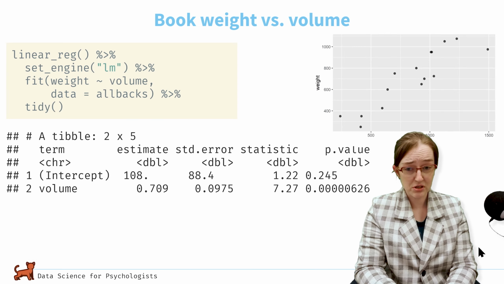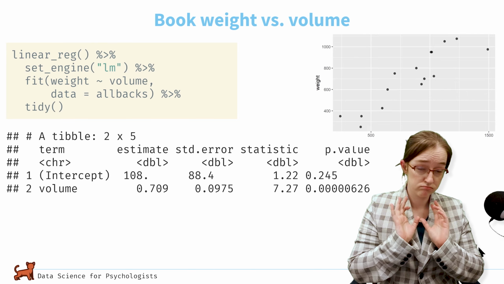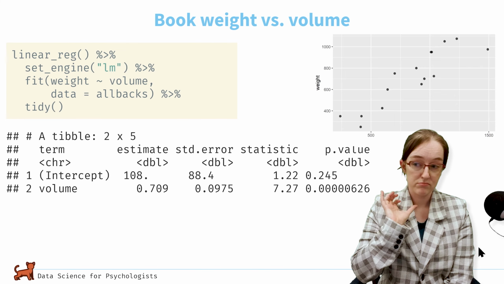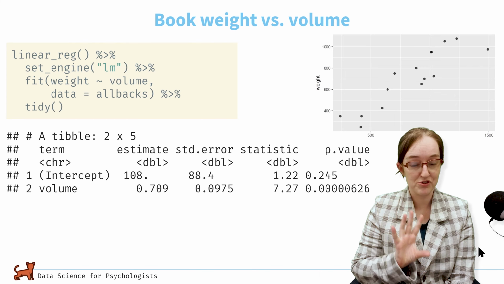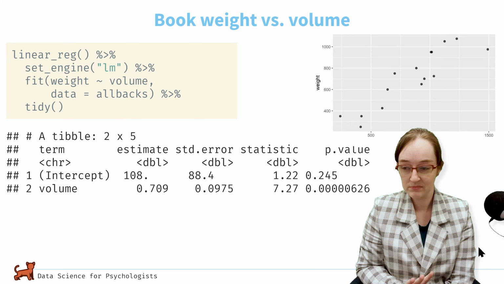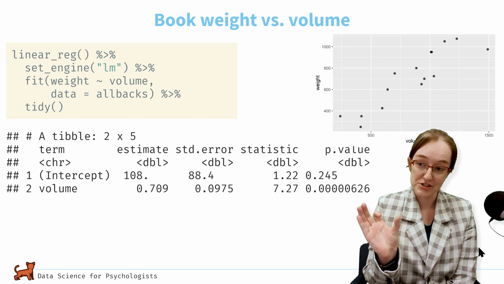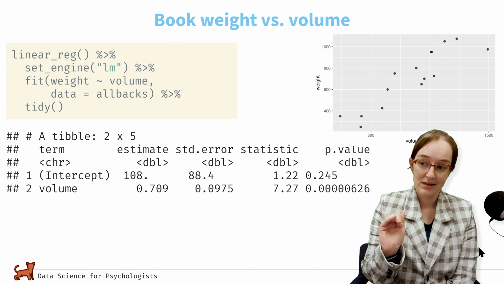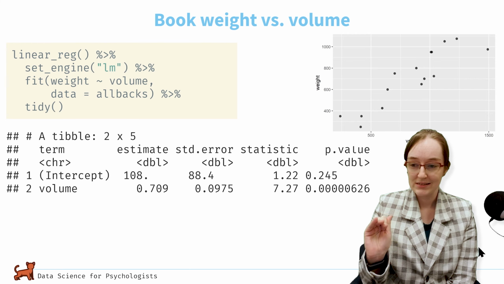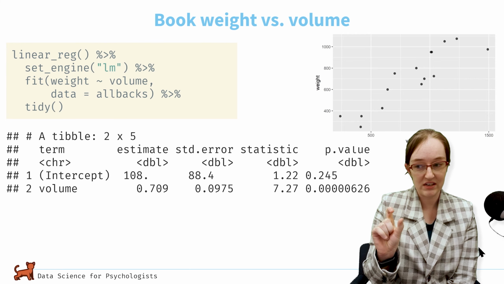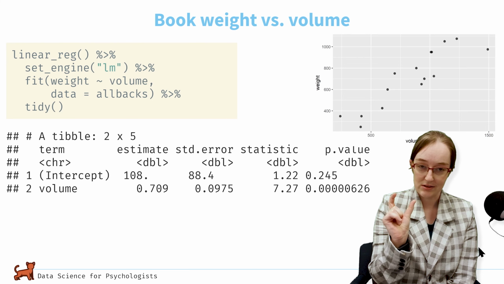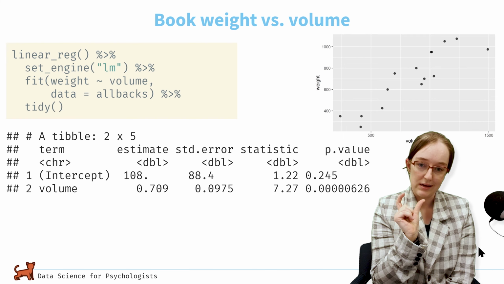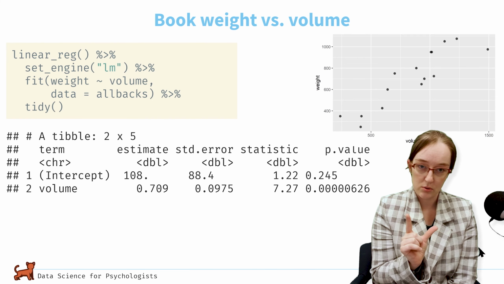Okay, so using our nice tidy little data, we're going to use a linear regression and keep playing around with tidymodels. With linear regression, we pipe that into our set engine, and in turn pipe that into our fitting. Here we've indicated weight is our outcome, and then we have the little tilde, and that is modeled as a function of volume.